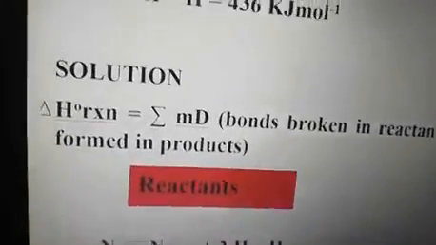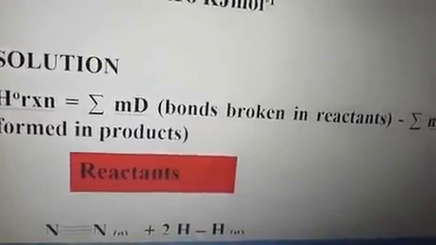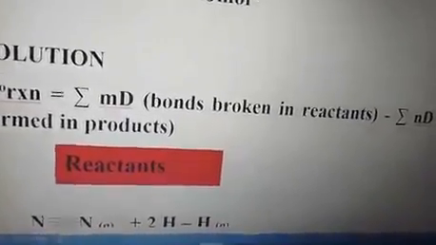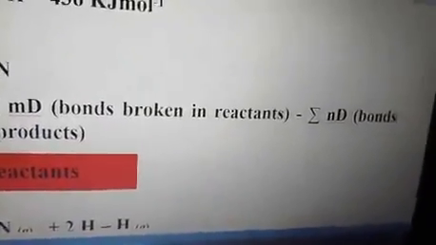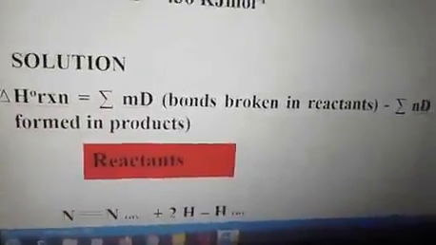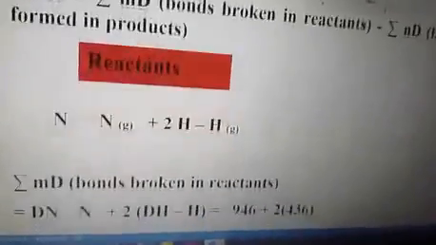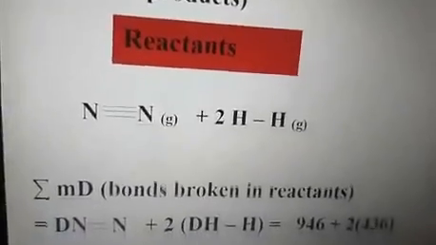The solution: the enthalpy of reaction which we are looking for is the summation of M, bond energy broken in reactants, minus the summation of N, bond energy of bonds formed in products. So we'll look at the reactants in the equation first. The reactants are nitrogen plus hydrogen.